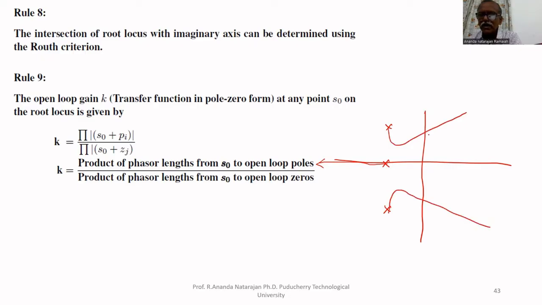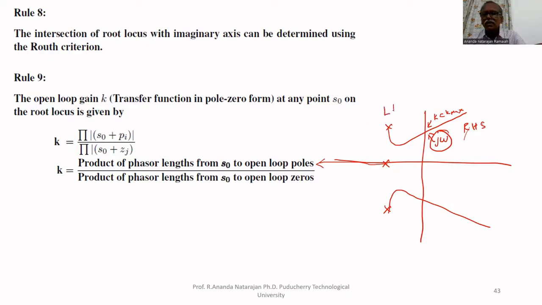But the point of intersection at the imaginary axis we have to find, that is j omega. This will occur when K equals K max, the maximum value of K at which it will exhibit sustained oscillation. After that, the system becomes unstable because the poles move to the right hand side.